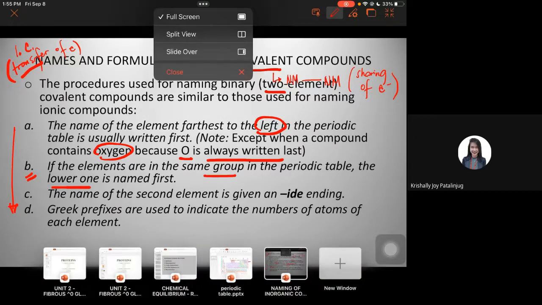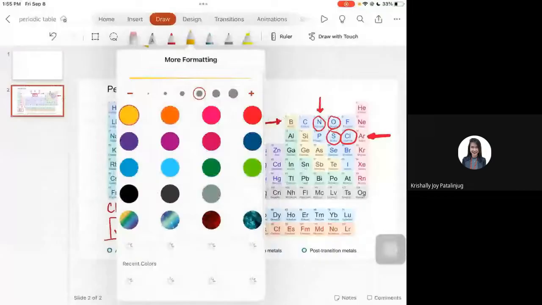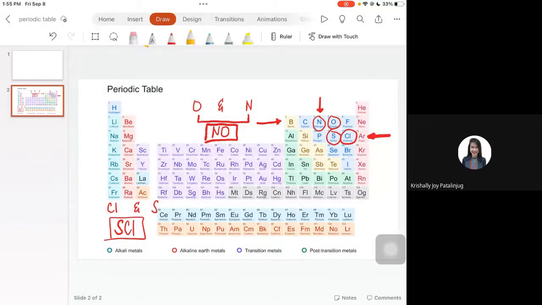Going back to the periodic table, let me change the color. I'll give an example of elements in the same group. Let's say sulfur and oxygen. They are in the same group, right? Same vertical row. So you will be asked, for instance, what covalent compound we can produce out of oxygen and sulfur combined.